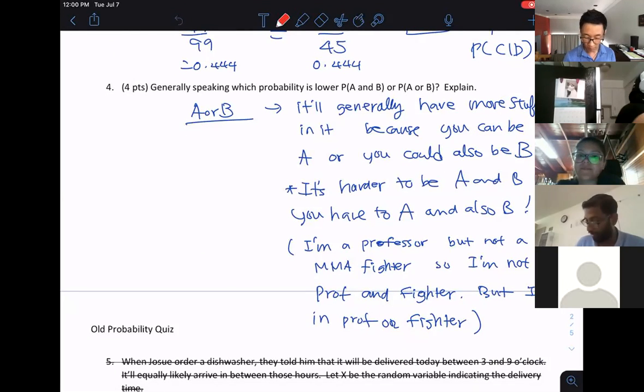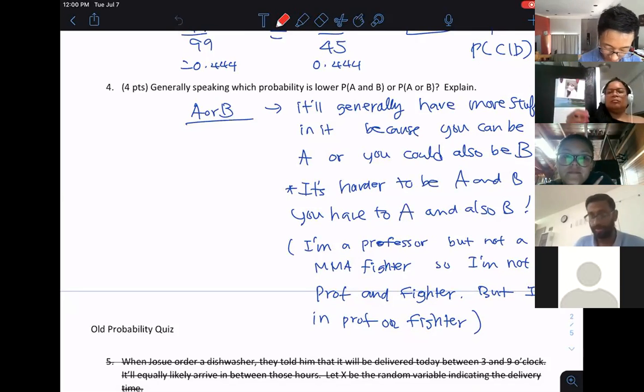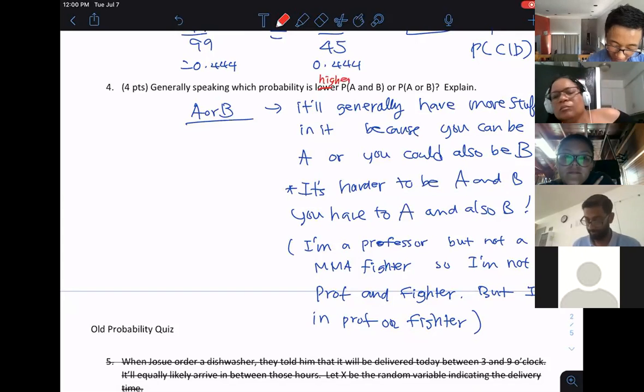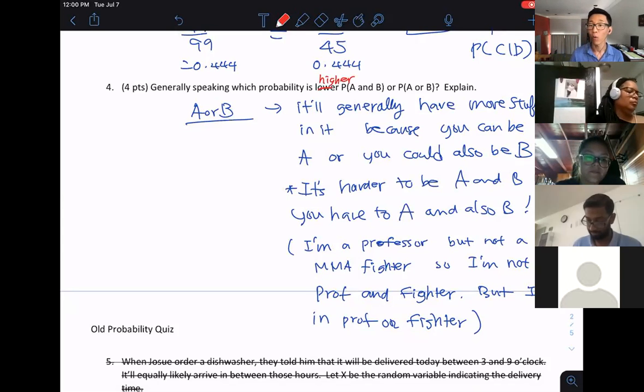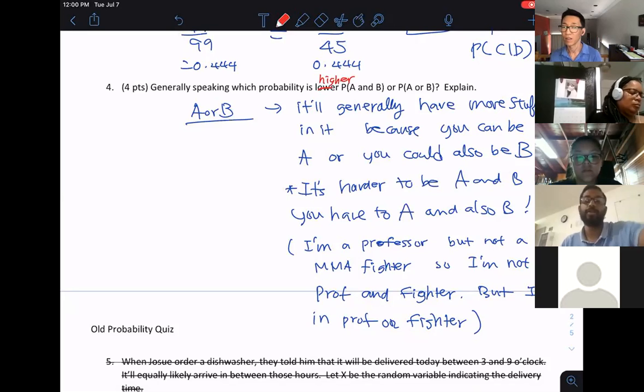It says which is lower, right? I somehow thought it asked higher. Generally speaking, A and B will have fewer people in it than A or B. If it's A or B, you're including a lot of people. If it's A and B, then you're not including that many people.